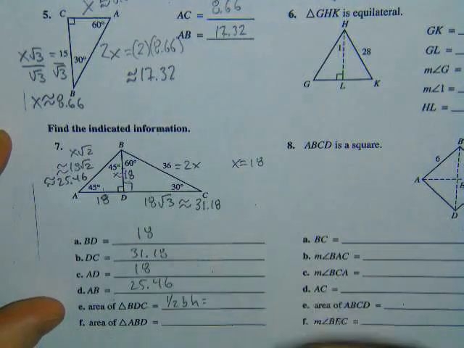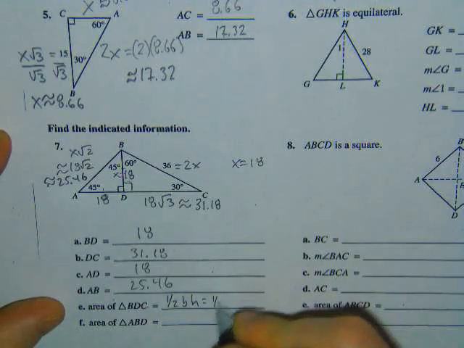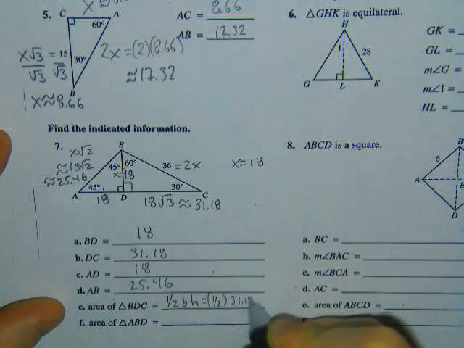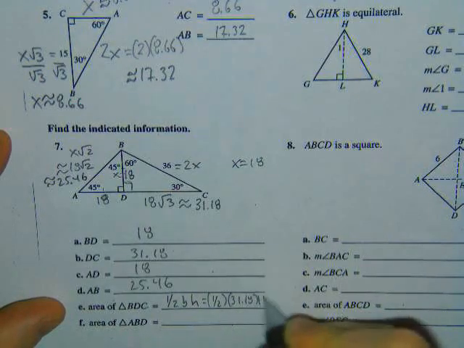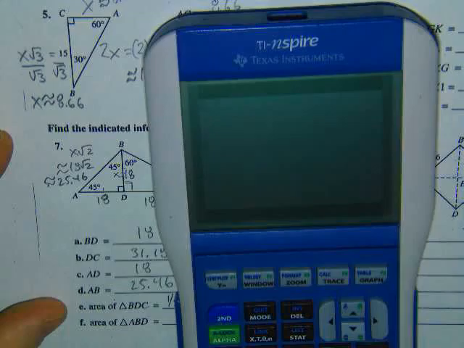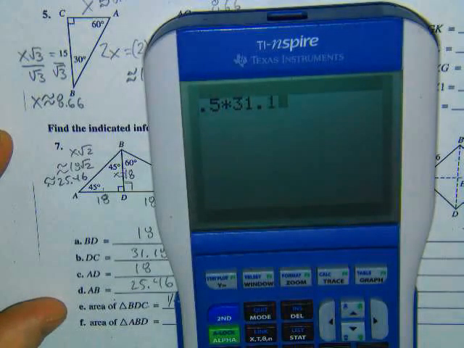So I'm just going to plug that in. 1/2 times 31.18 and 18. And that, I mean, it's just plug and chug. About 280.62.